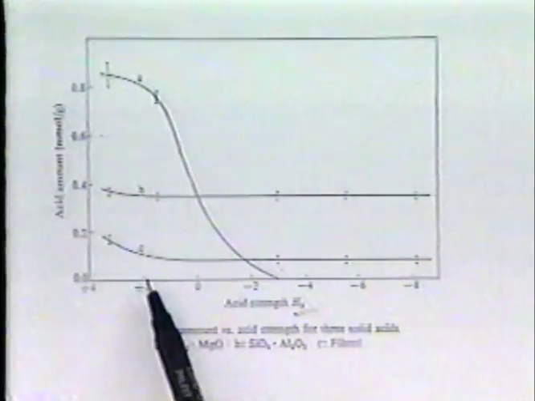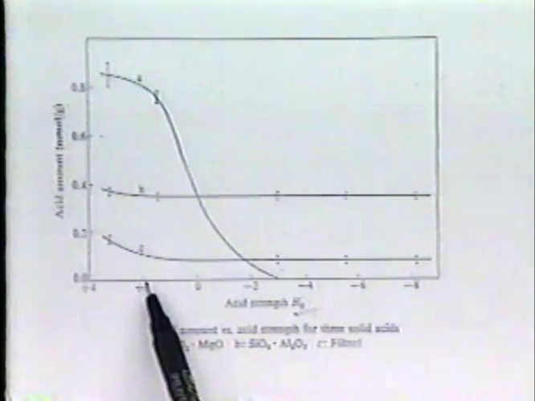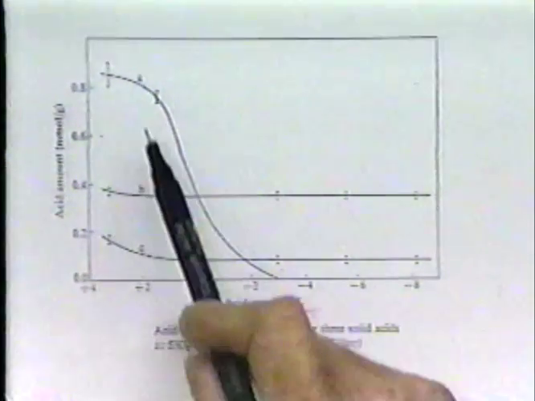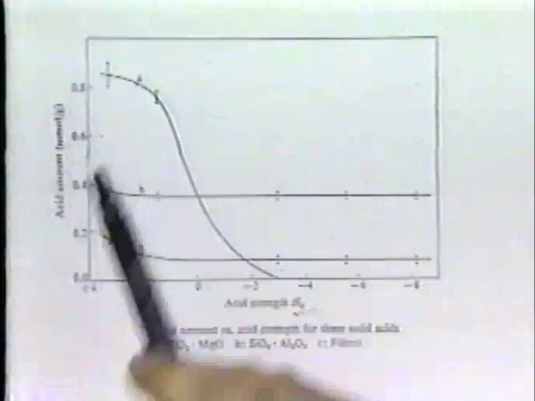In other words, if I have a Hammett function of +2 for material A, 0.8 millimoles per gram is about the quantity of acid of that strength present in the material.